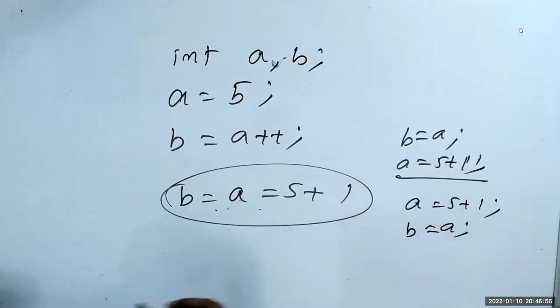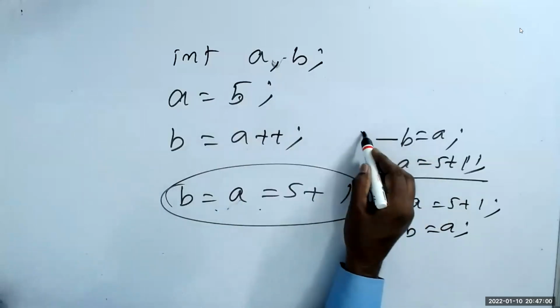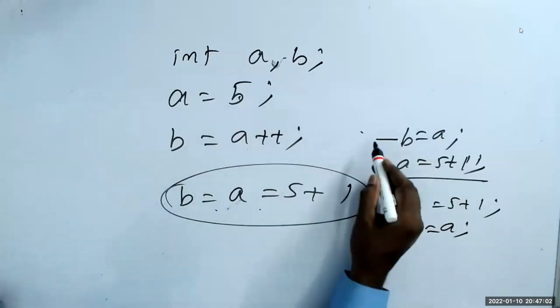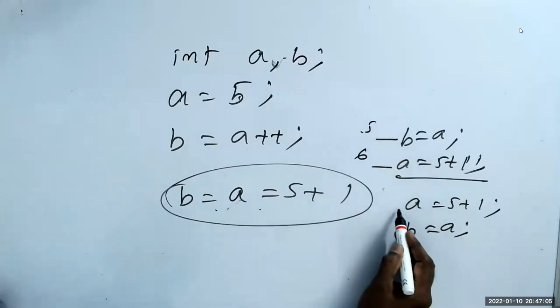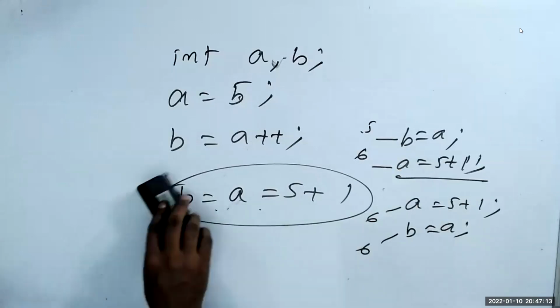Both are different. In this case, A is 5, now B becomes 5 and A becomes 6. In this case, A becomes 6, B becomes 6. To avoid the confusion, our great man, Dennis Ritchie, has given a small clue here.